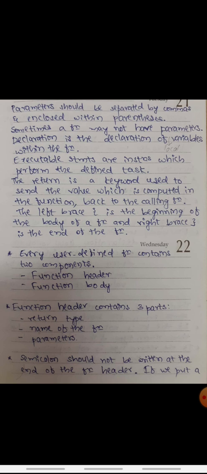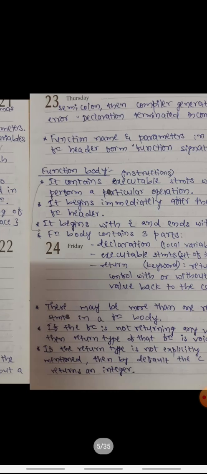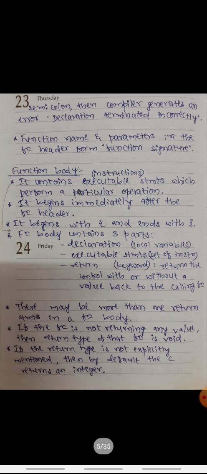A user defined function contains a function body also. A semicolon should not be written at the end of the header. If we put a semicolon, then the compiler generates an error, that error is declaration terminated incorrectly. The function name and parameters in the function header form the function signature.